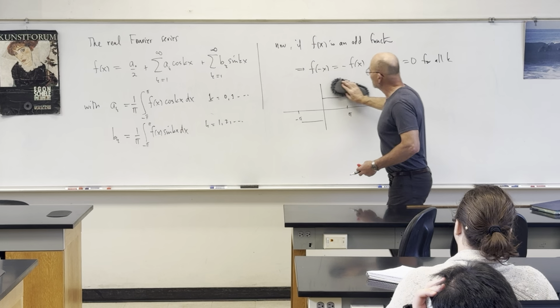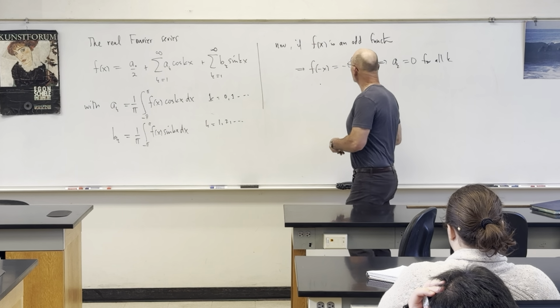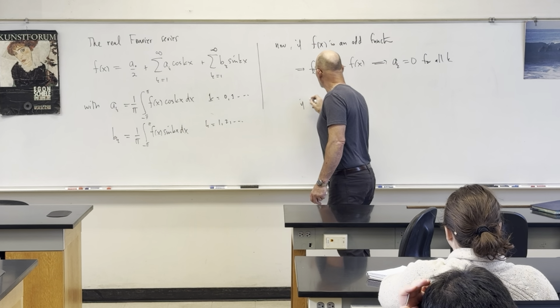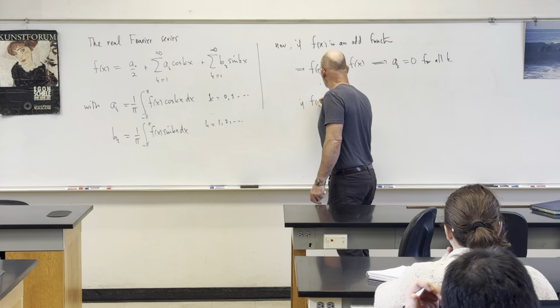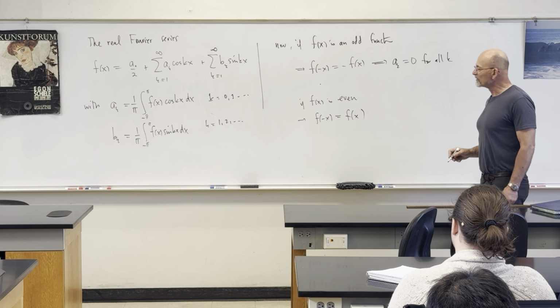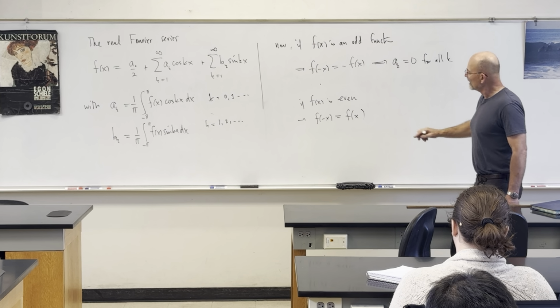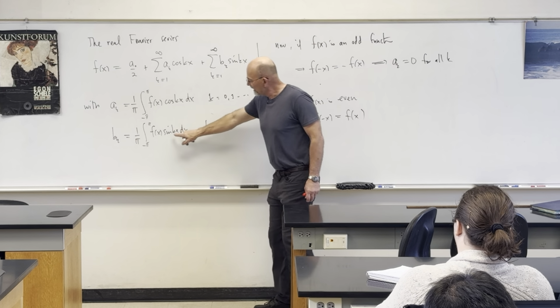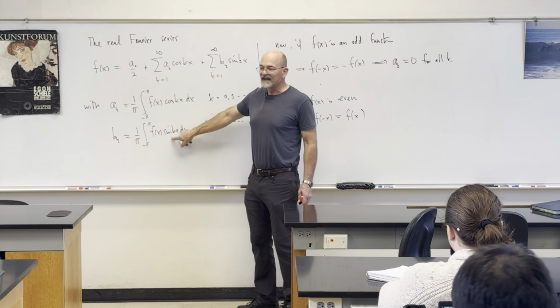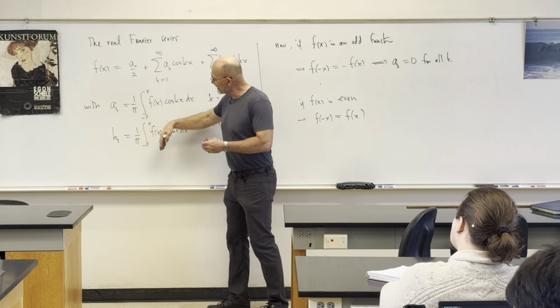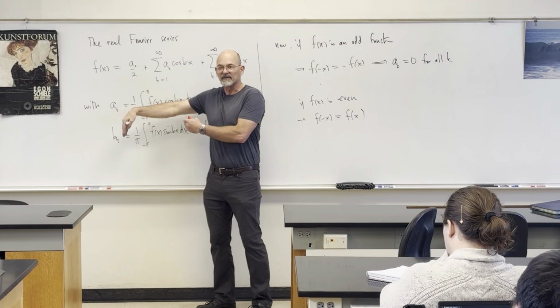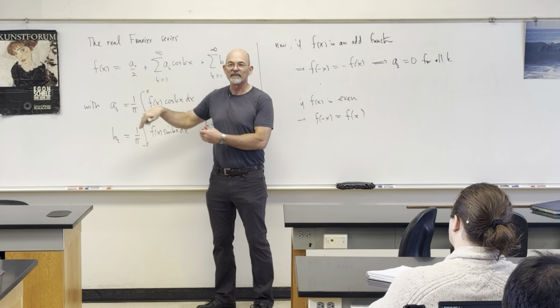And if f of x is an even function, which means f of minus x equals f of positive x, then you multiply that even function by an odd function sine and integrate from minus pi to pi, then the integral from minus pi to 0 is equal to minus the integral from 0 to pi.